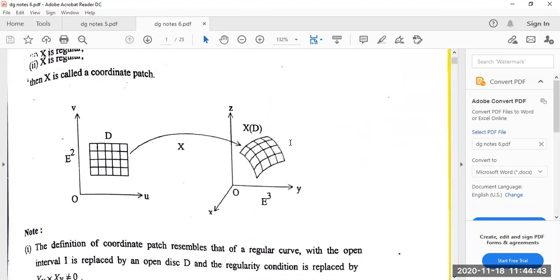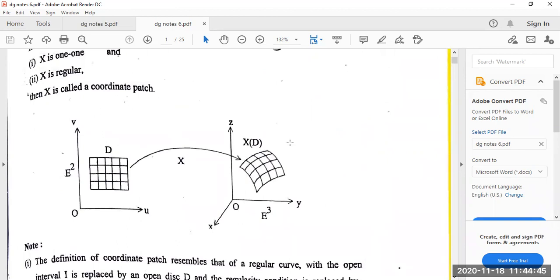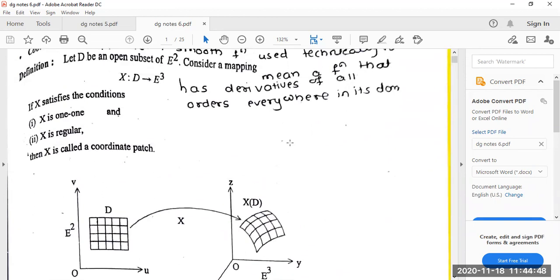Now one may have a question: how is the inverse function going to be defined? If you see, the mapping x is a mapping from D to E3, but the image we are getting, x of D, is only a subset of E3, it is not the whole E3. So we can define the inverse mapping from here to here, so this will be x inverse.